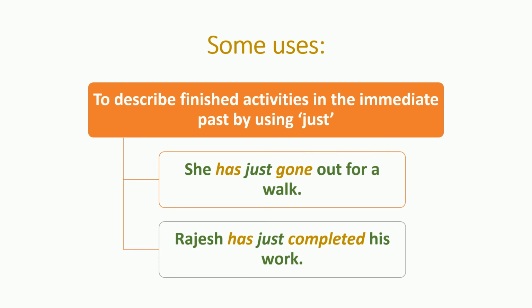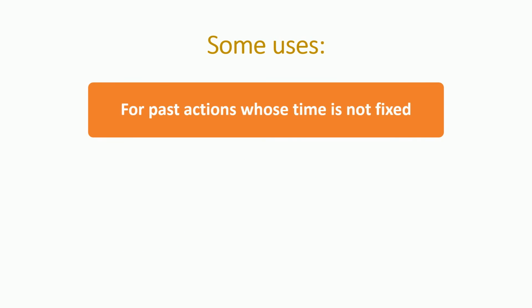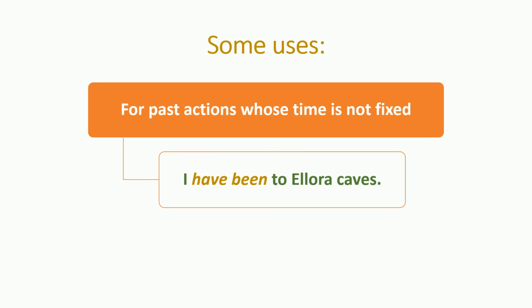Actually, just is used between the auxiliary verb and the main verb because its place is there according to the rule of sentence structure. We also use present perfect tense for past actions whose time is not fixed. For example, I have been to Ellora Caves. Here, the doer of action had visited Ellora Caves in the past, but the time is not fixed.